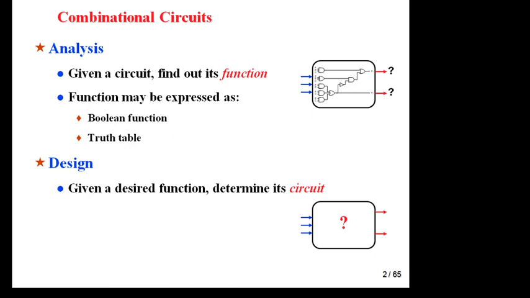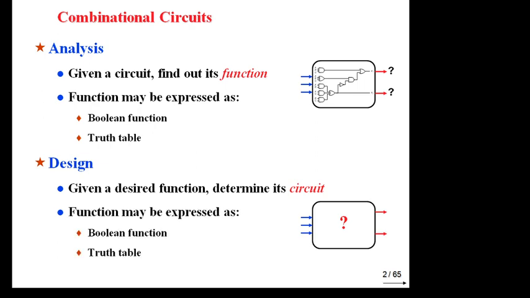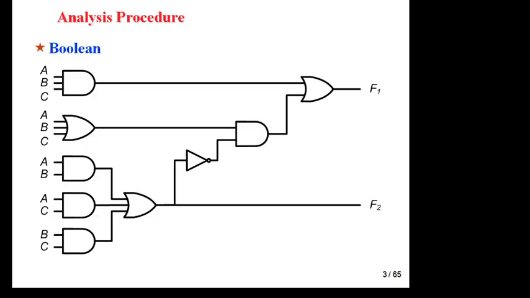This is a combinational circuit and you have to analyze it. In this there are 3 inputs A, B, C and there are 2 outputs F1 and F2. You know the expression of every logic gate.